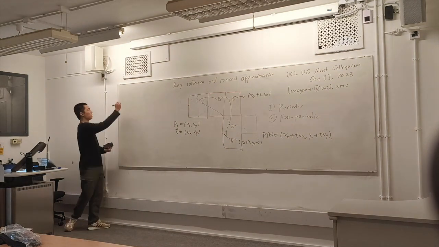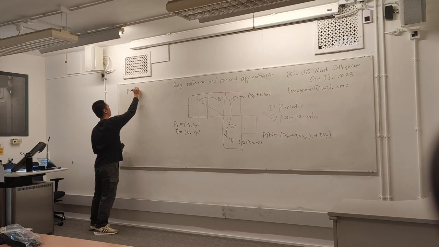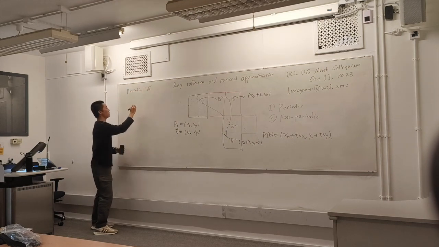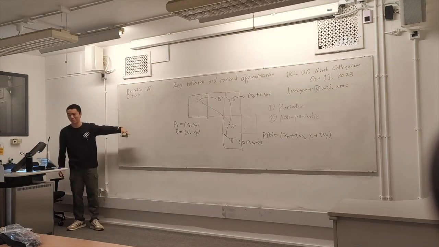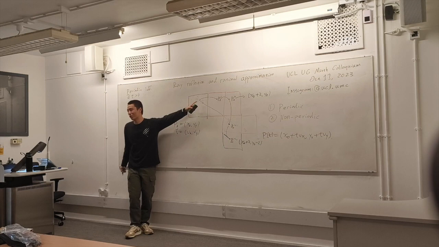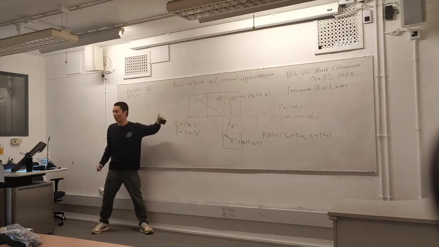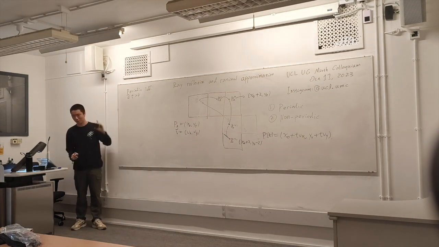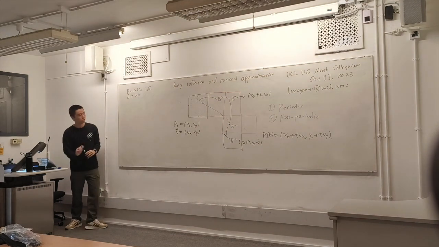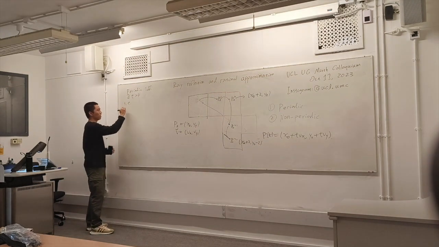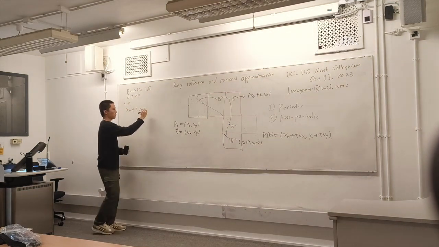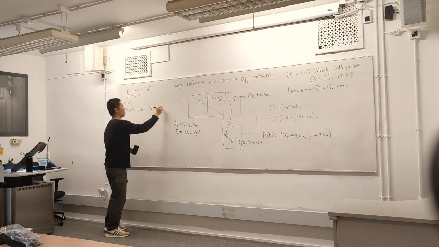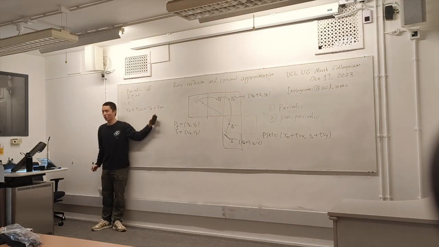So this means that the path is periodic if and only if there exists some time strictly greater than 0, because t equals 0 is just the starting point and we need to exclude that, such that x0 plus t times vx is equal to x0 plus 2m. This means that it hits the original point's x coordinate in a translated square.